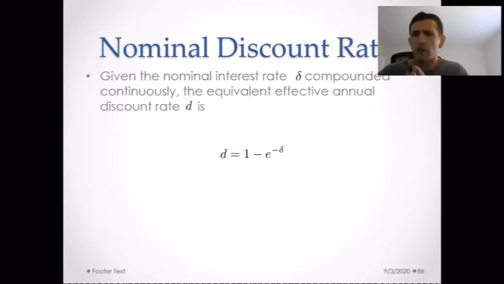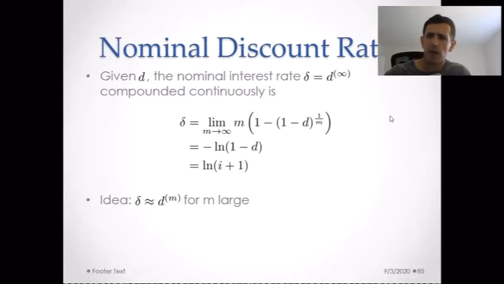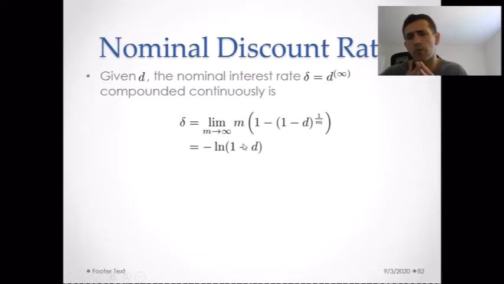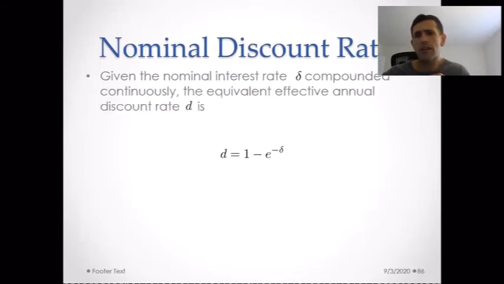And just like usual, we can solve for d. If we're given delta is minus ln of 1 minus d, you solve for d: negate both sides, then raise to the e, then negate both sides again and subtract 1, and you will get that d is 1 minus e to the minus delta.